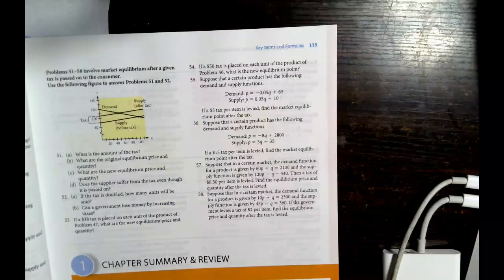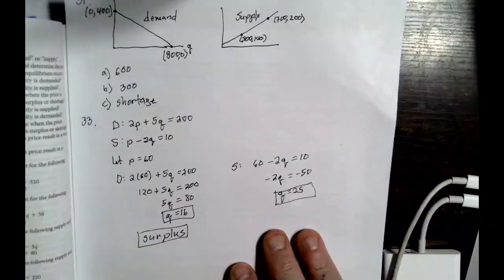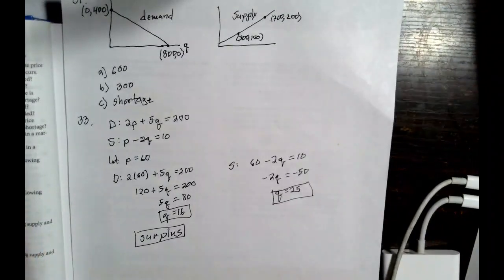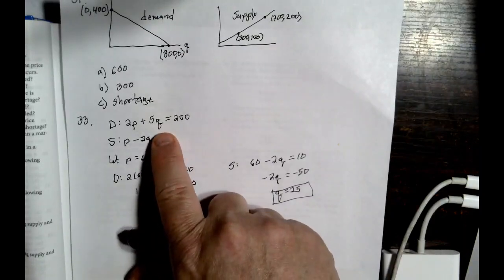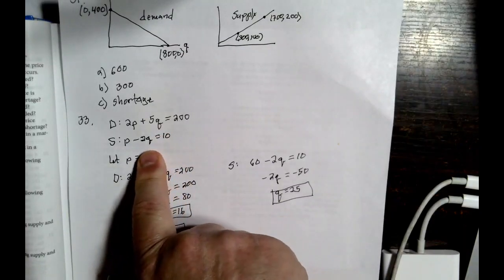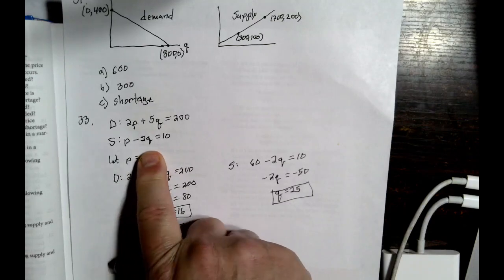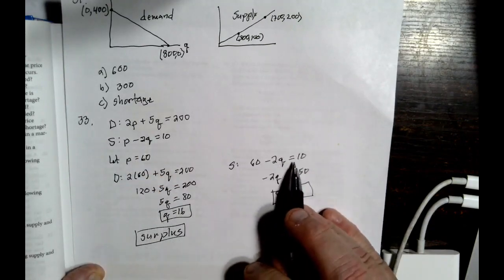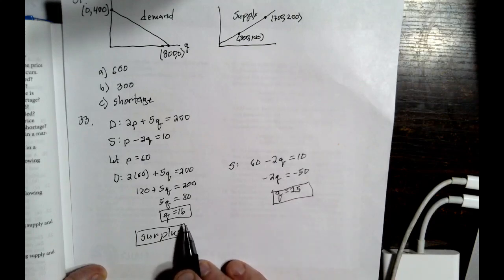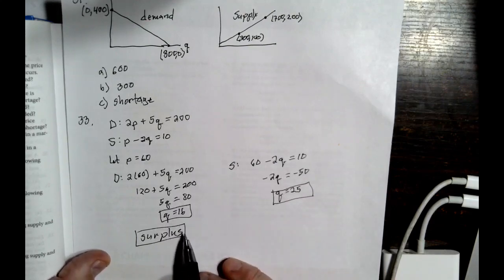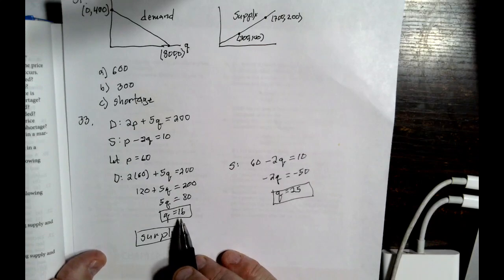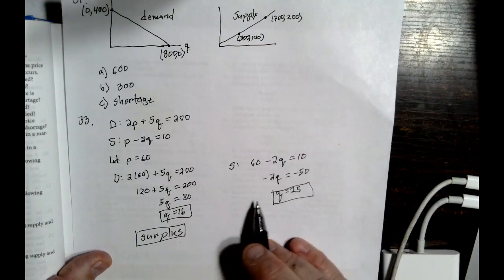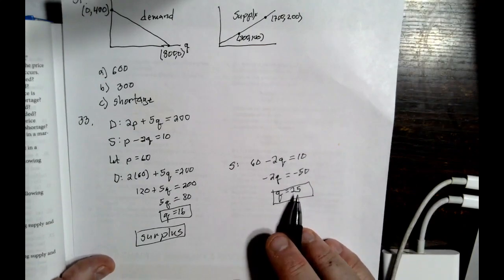Okay, number 33. Number 33 says, if the demand for a pair of shoes is given by this equation and supply is given by that, compare the quantity supplied and demand when the price is $60. So put in 60 for each one, and you know your quantity. So when the price is $60, you have a demand of 16, but you have 25 on your shelf supplied.